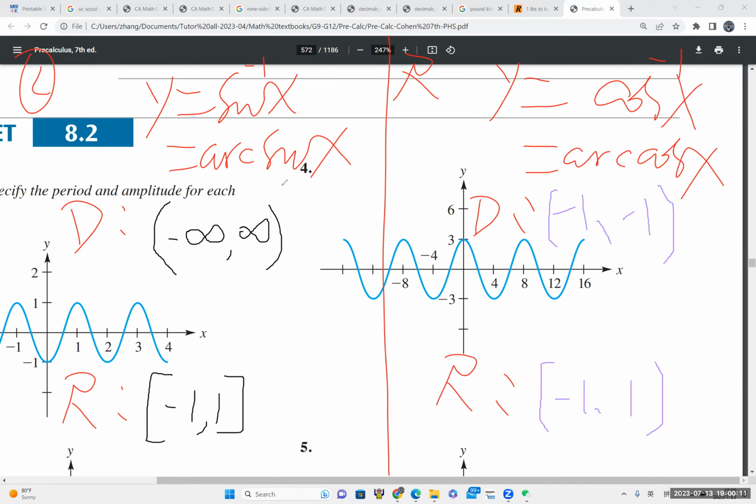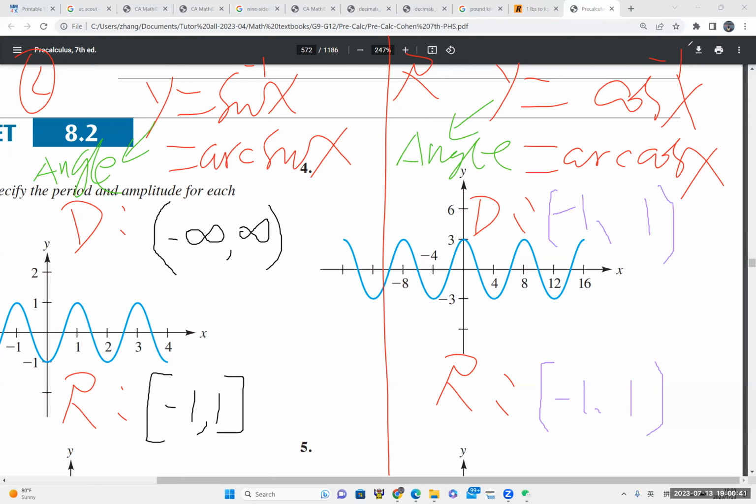For arc sine, the input is a value and the output is an angle.